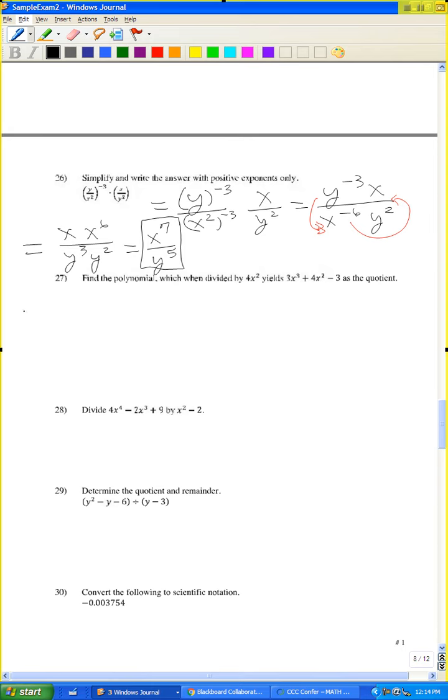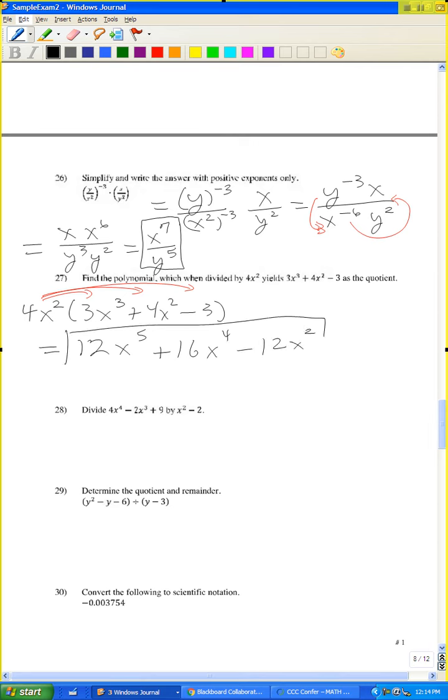And so let's have 4x squared times 3x cubed plus 4x squared minus 3. Let's use the distributive property. Let's distribute the 4x squared inside the parentheses. So you get 12x to the 5th plus 16x to the 4th minus 12x to the 2nd. And that is your answer.